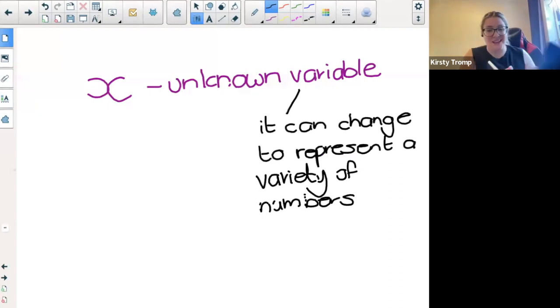So X is an unknown variable. Unknown because we don't know what it is. Variable because it can change to represent a variety of numbers. What is variety? Variety means a whole lot. So it can mean like 1, 2, 5, 12, 18, 90, 100, 10,000, -2, -6. It can represent a variety, a whole lot.